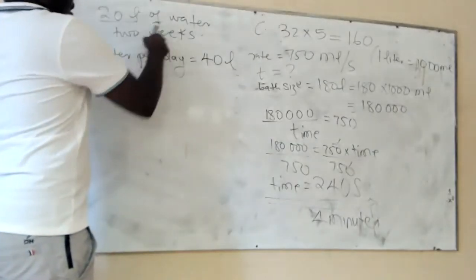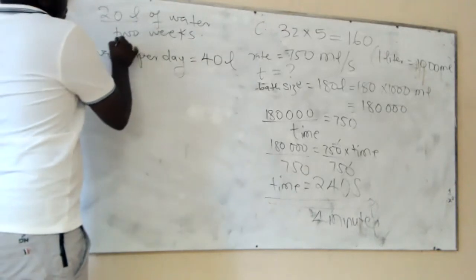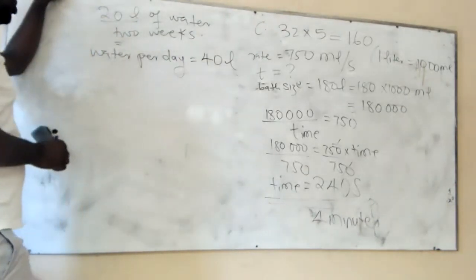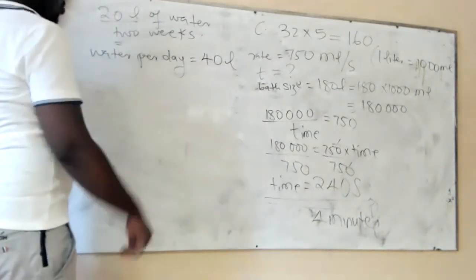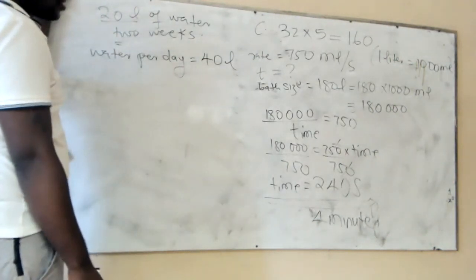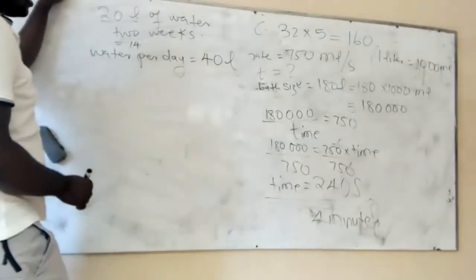Then the question is, in 2 weeks, how many liters is this person going to carry? So we must know the total number of days in 2 weeks. How many days do we have in 2 weeks? 14. So we have 14 days in total.